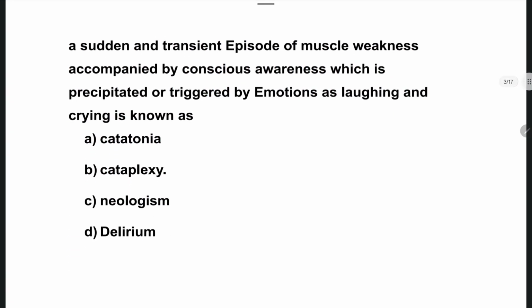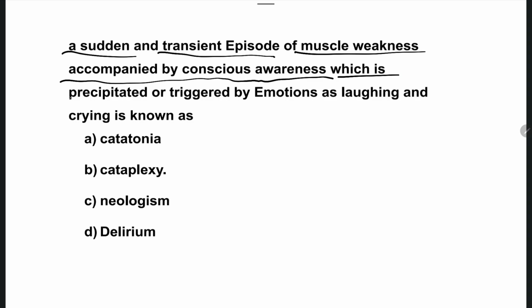The next question is, a sudden and transient episode of muscle weakness accompanied by conscious awareness, which is precipitated or triggered by emotions such as laughing and crying, is known as.